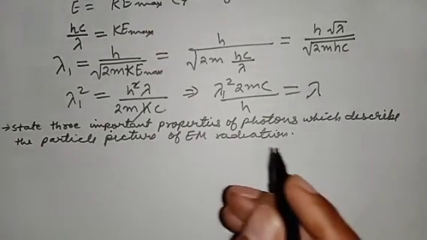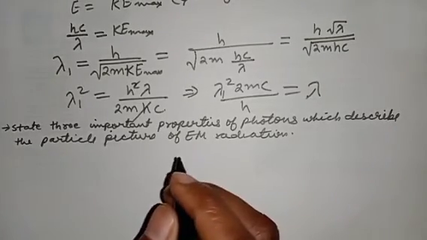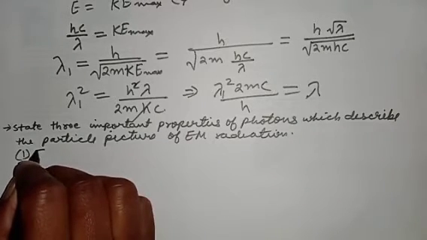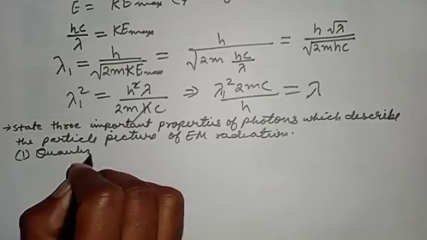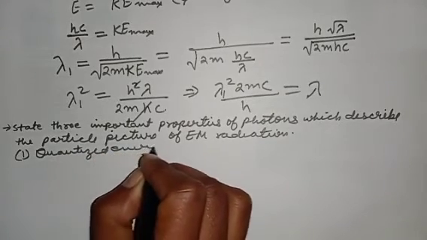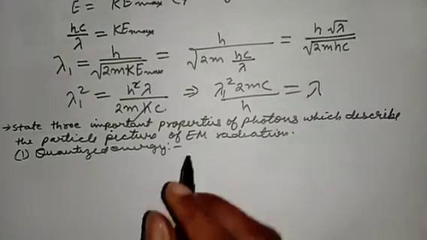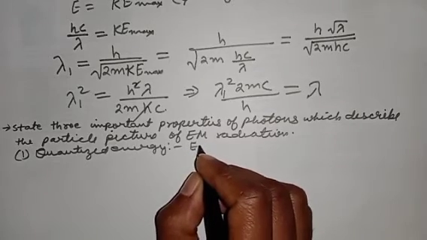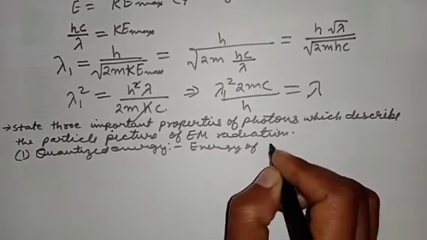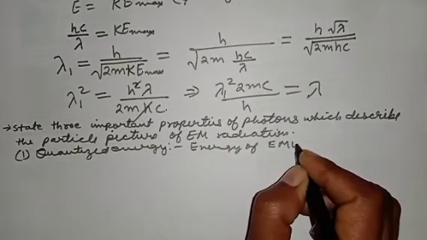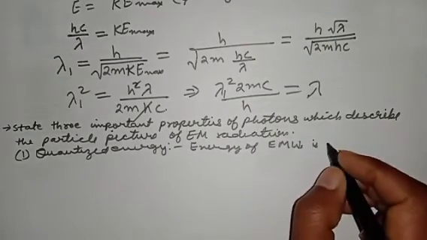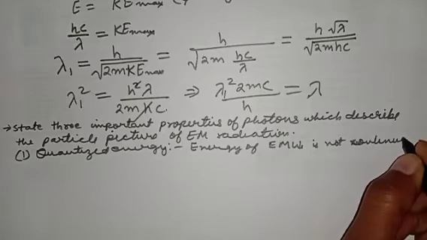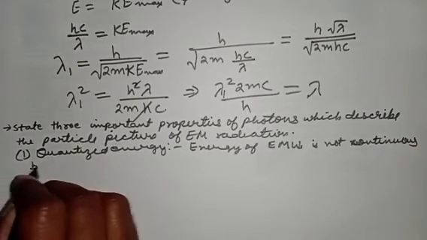State 3 important properties of photon which describe particle picture of electromagnetic radiation. First, quantized energy. So photon picture says that energy of electromagnetic waves is not continuous but discrete.